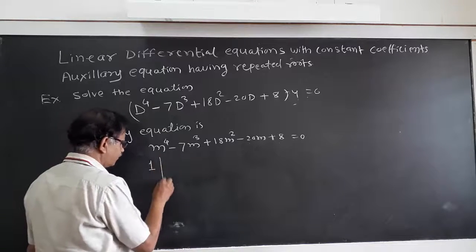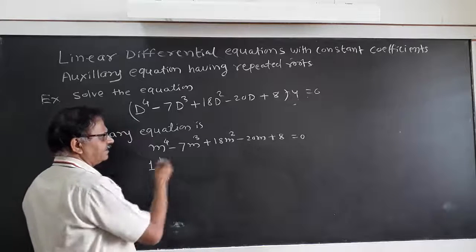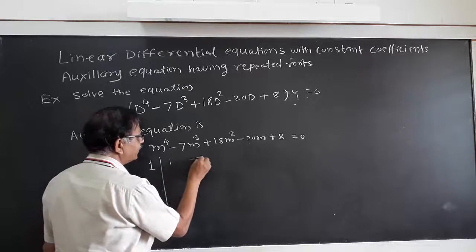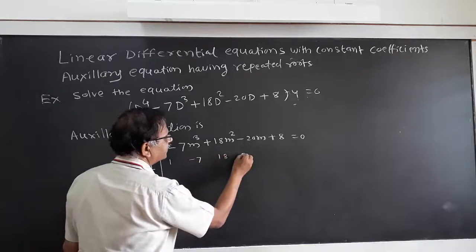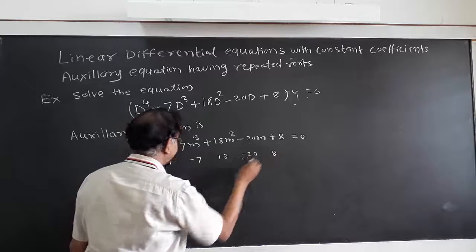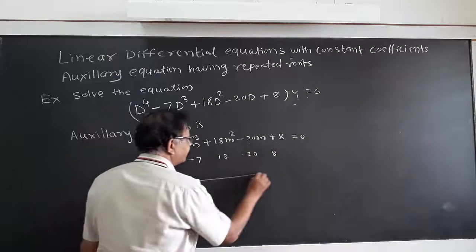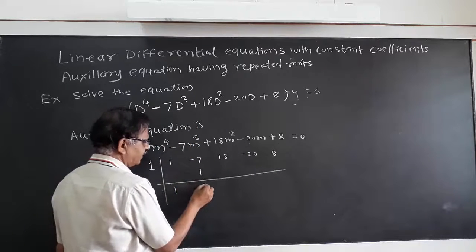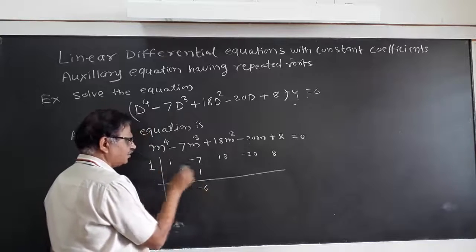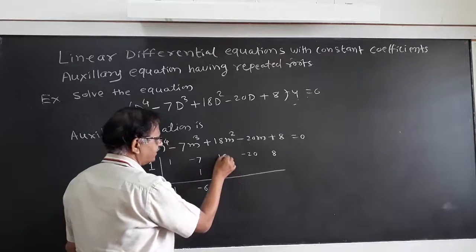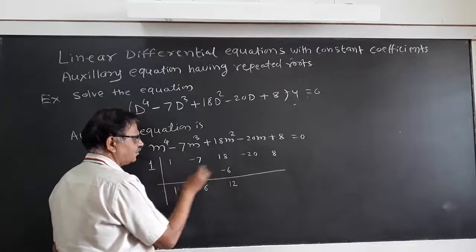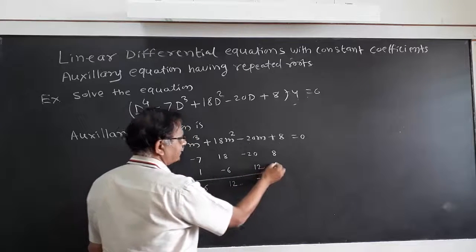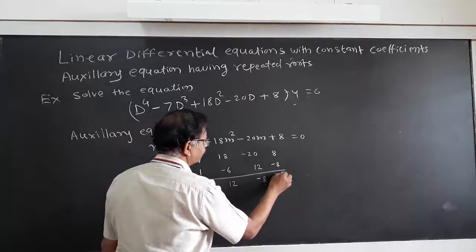For finding the second root, we shall divide it synthetically by m equal to 1. We shall write all the coefficients: 1, minus 7, 18, minus 20, 8, and we shall carry this 1 as it is. 1 into 1, 1, in minus 7 is minus 6, minus 6 into 1 is minus 6, minus 6 and 18, 12, 12 into 1 is 12, 12 and minus 20, minus 8, minus 8 into 1 is minus 8, 8 and minus 8 is 0.